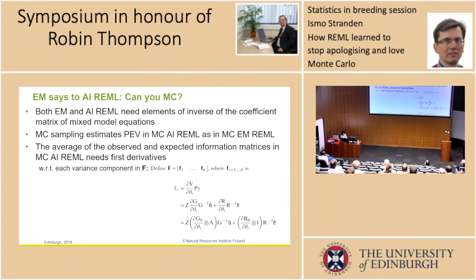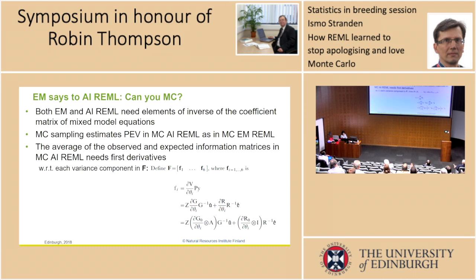So from a computational point of view, EM and AI REML are very much similar, and from the Monte Carlo sampling point of view in particular, they involve the same steps. There isn't anything different. The difference comes in that the AI REML requires solving mixed model equations as many times as there are unknown variance components.